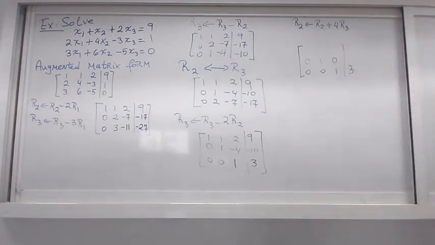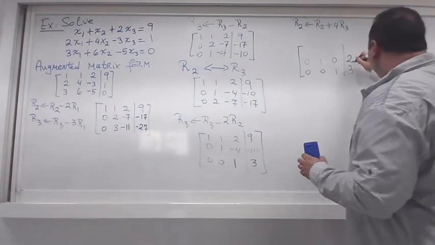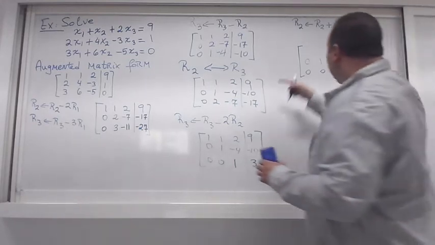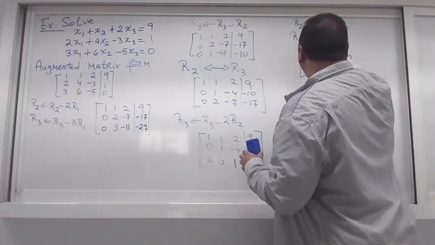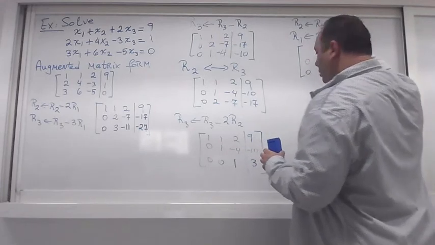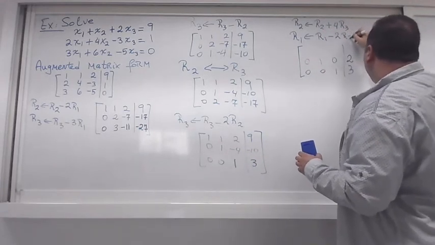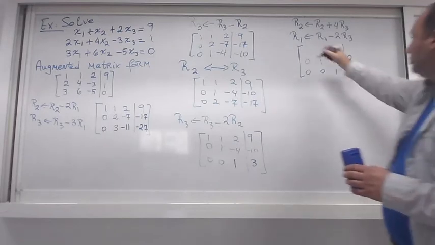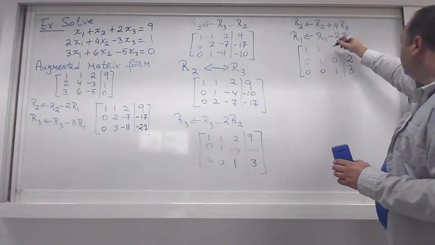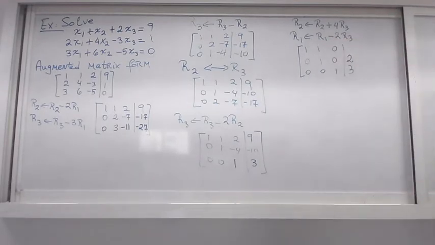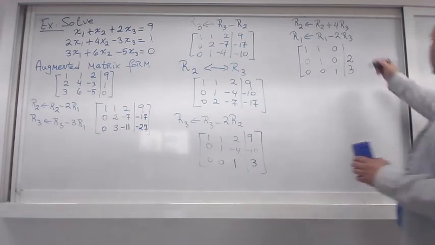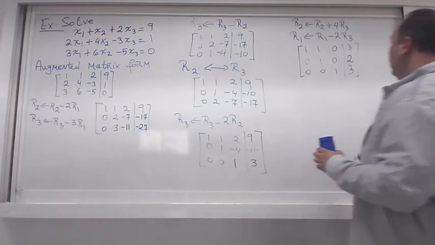And then negative 10 plus 12, so that's 2. And I want to kill the guy here, so work on row 1, minus 2 times row 3. 1, 1, so this is 0, and 9 minus 6, that's 3.